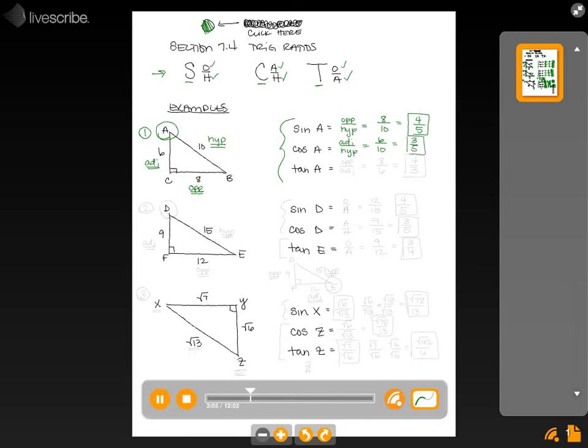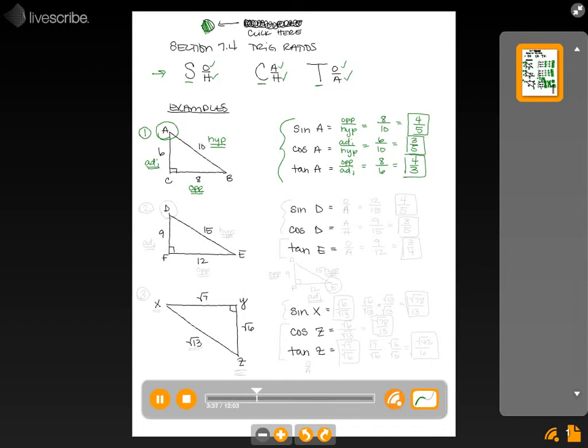So there's the cosine of A. It's 3/5. Last one, the tangent of A. Tangent, remember, is opposite over adjacent. It's the TOA part. So we want the opposite value, which in this case is 8, and the adjacent value, which is 6. And we're going to simplify that. 8/6 becomes 4/3. So the tangent of A is 4/3.